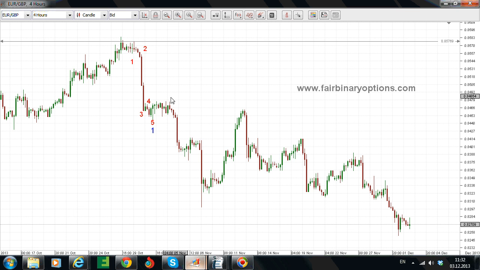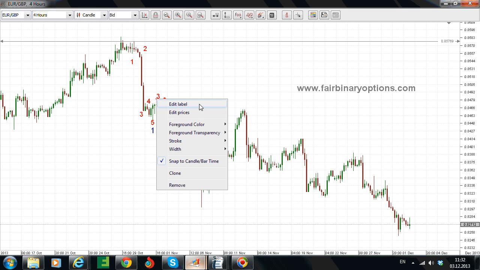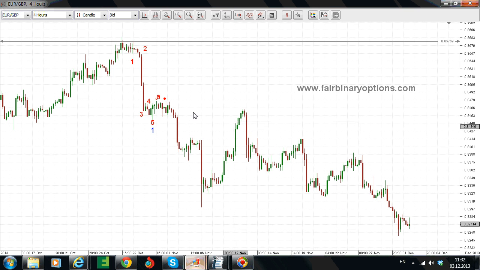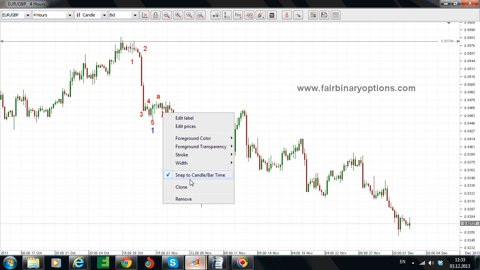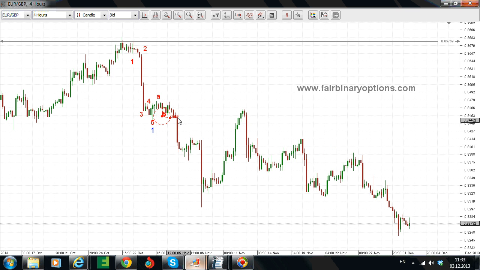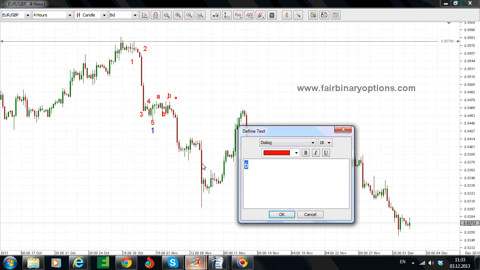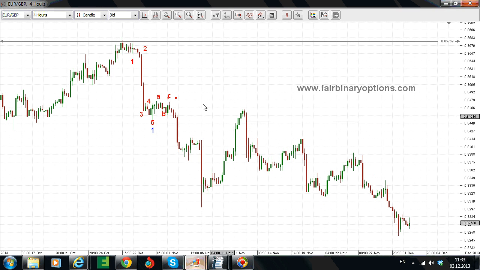Now what's next? Well, next we have a first correction here in the form of A, B, C out of this degree, red. So this should be labeled A, B, C. And the B wave here, and of course the C wave to the upside, but that is not, again, that is not the end of the second wave.